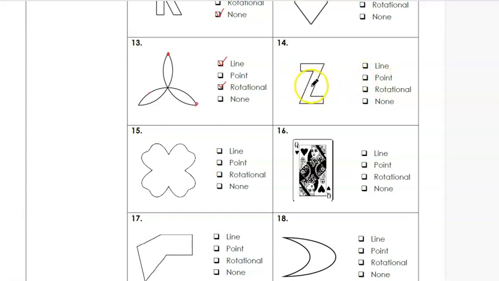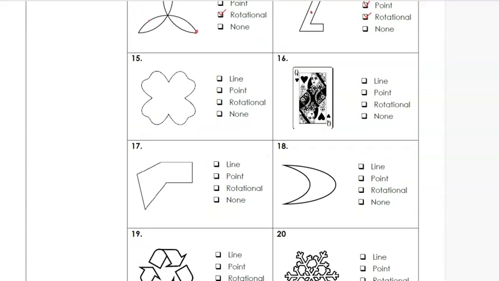Point symmetry, let's see, can I rotate around a center point and create the same image? And looks like you can. So when I turn this 180 degrees, the top and the bottom just trade places, and we're back to the original image. And again, I know I've said this a lot, but if it's point, then it's got to also be rotational.